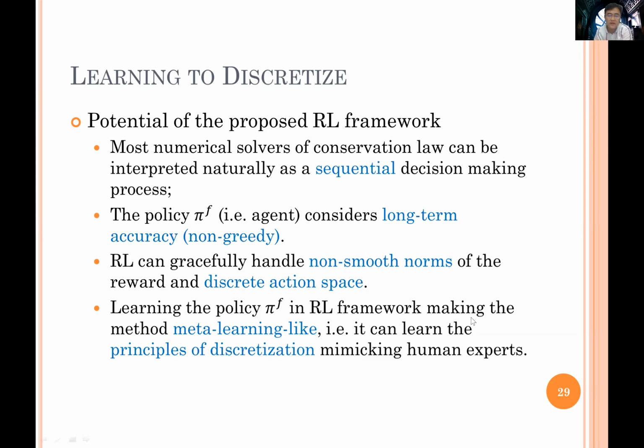I think the major benefit is that if you use reinforcement learning to design a policy that decides how to approximate the solution locally, this decision is made non-greedy. It actually considers long-term accuracy rather than trying to approximate the current time step in the best way. So the non-greedy nature, I think, is the major advantage of using reinforcement learning.